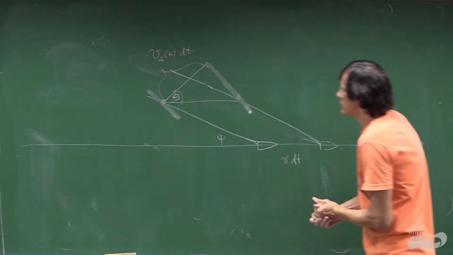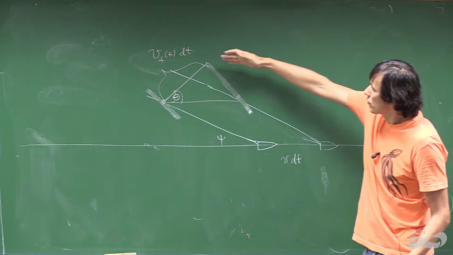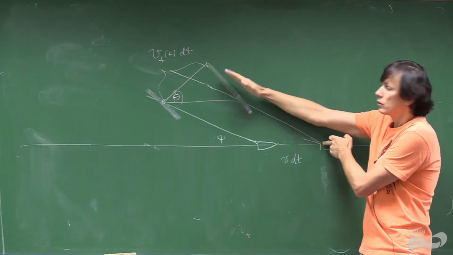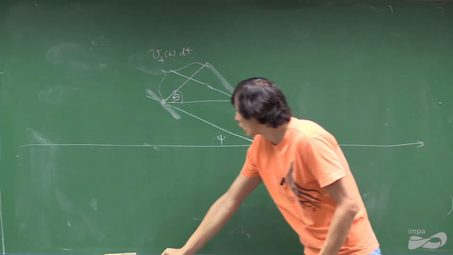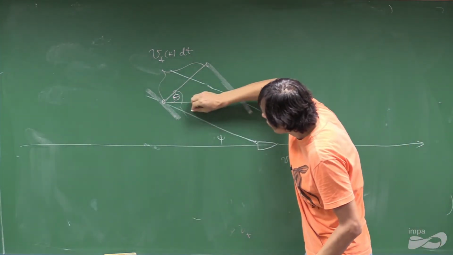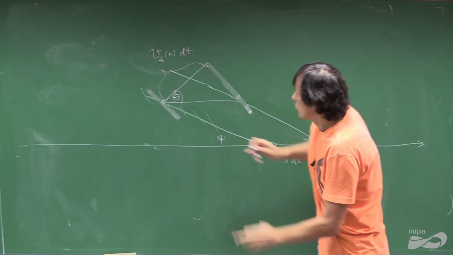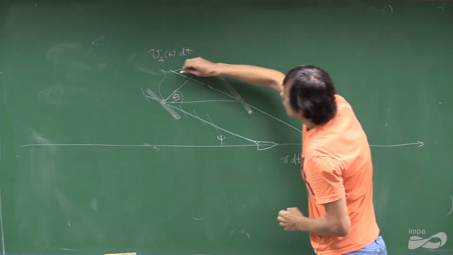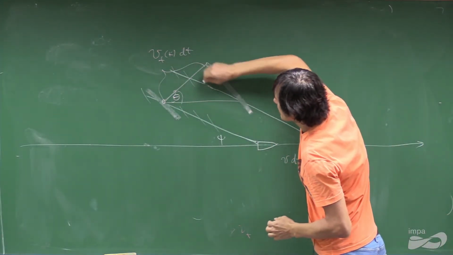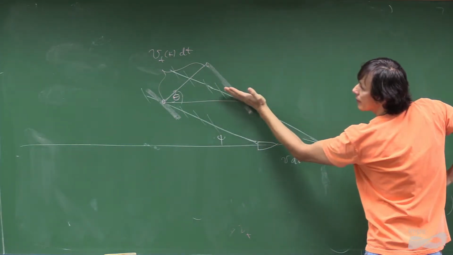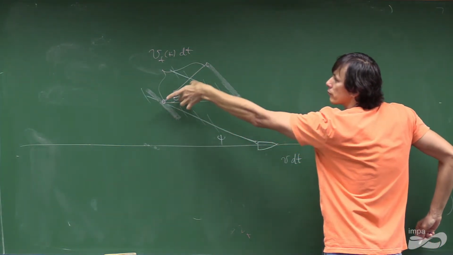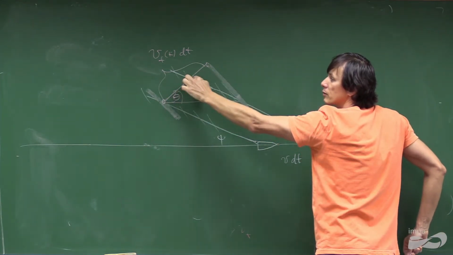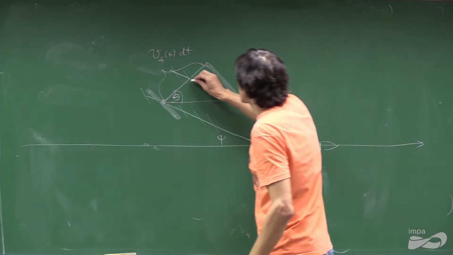At the same time, this point is already at a different direction, a different angle. What we know is that waves of a certain wave number k are all along a straight line. So the envelope of a certain wave number has to move just to here.